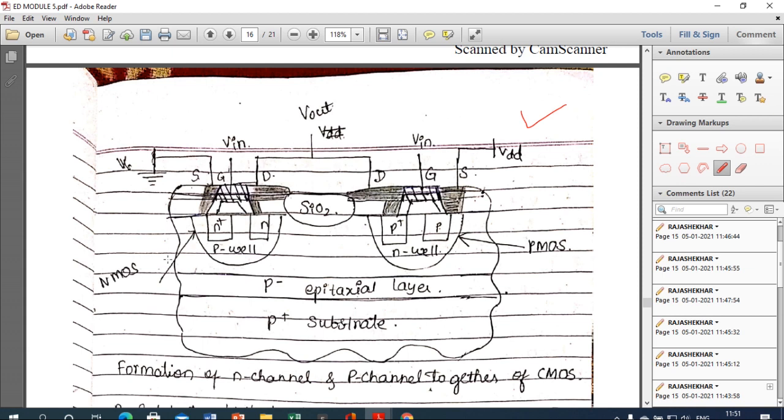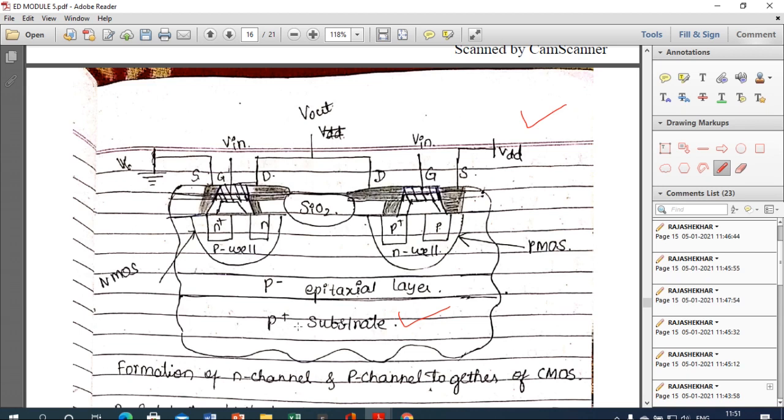The outer layer which is shown is made up of a P plus substrate. We call it a substrate, the basic foundation on which these two MOS transistors are constructed.